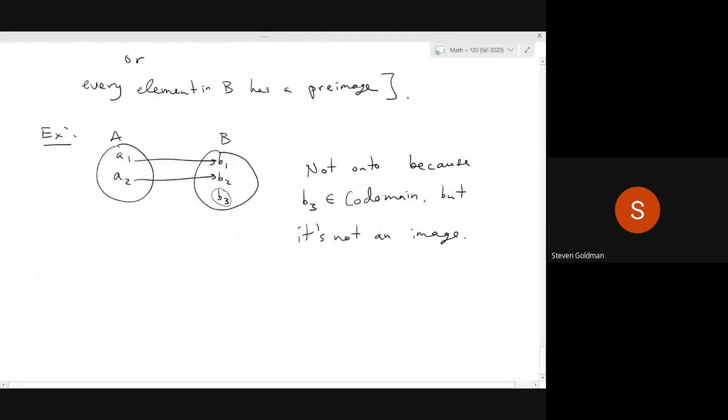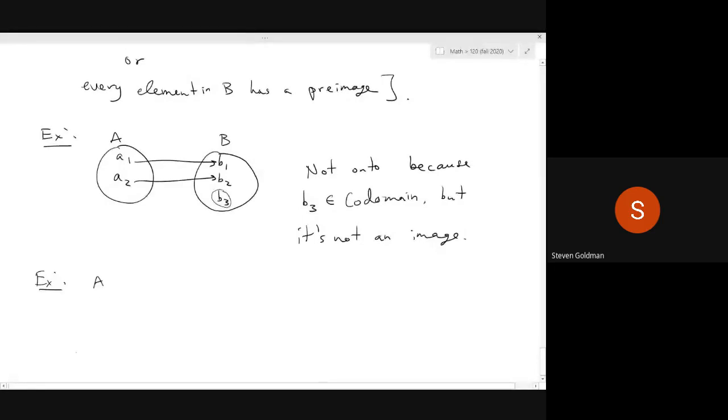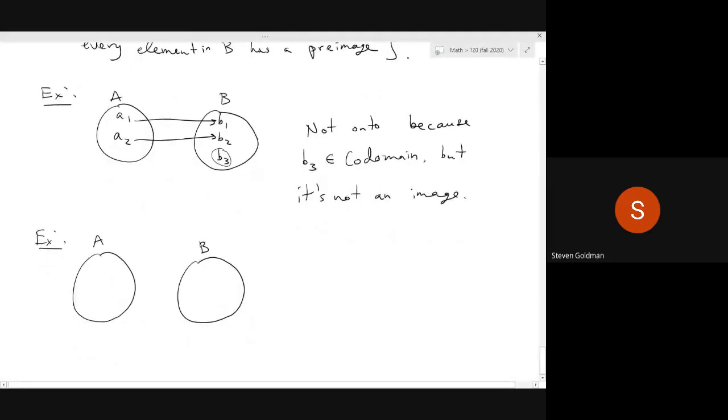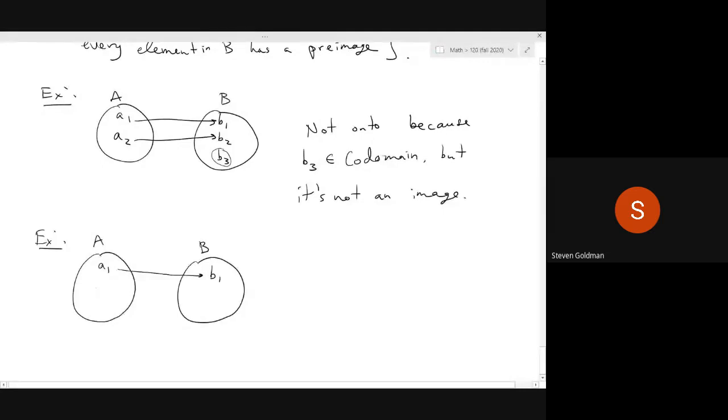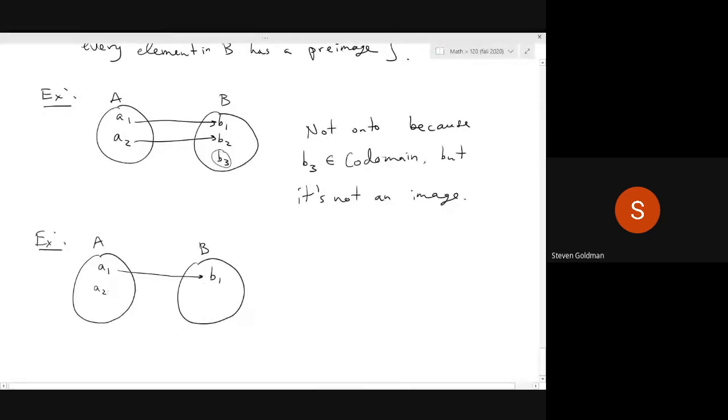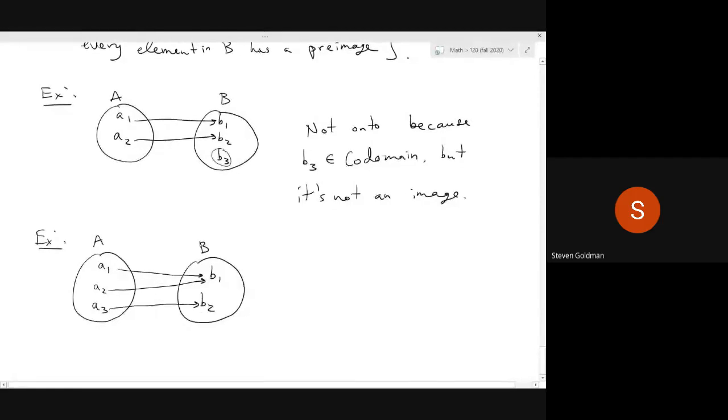Okay. Let's see an example of a function that is onto. All right, this is an example of a function here that is onto, right?